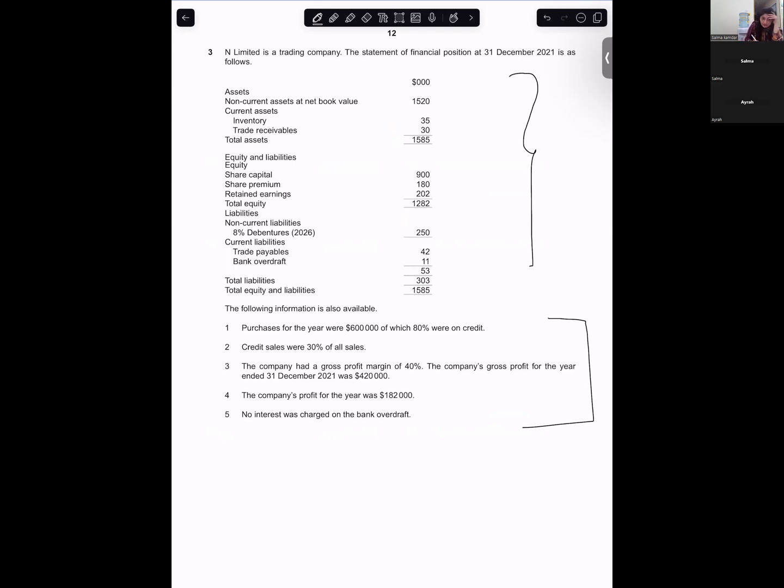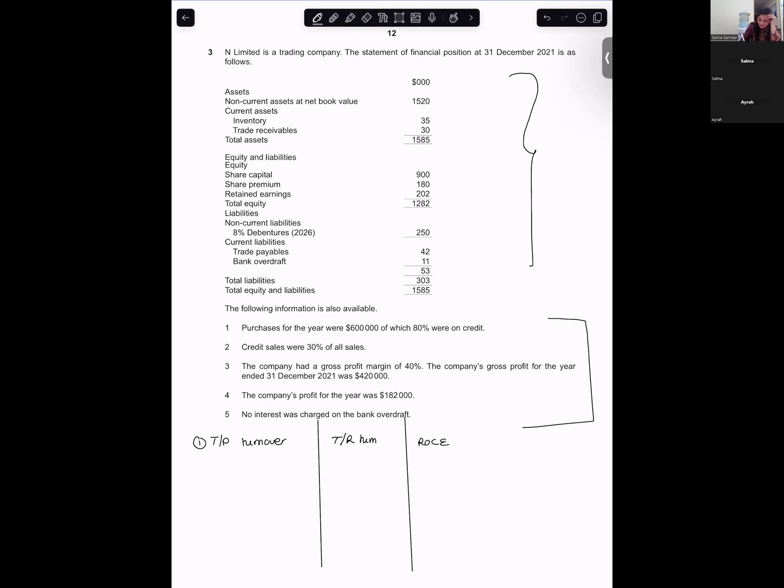What are the ratios that we are asked to calculate? First, the trade payables turnover ratio. Second, the trade receivables turnover ratio. Next, return on capital employed.